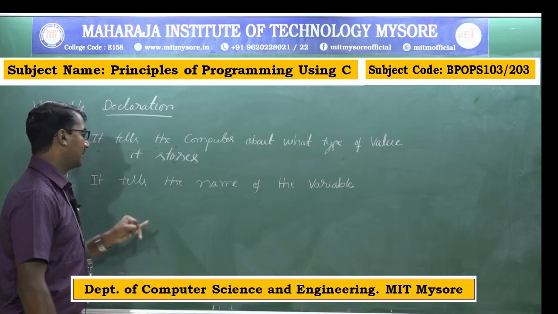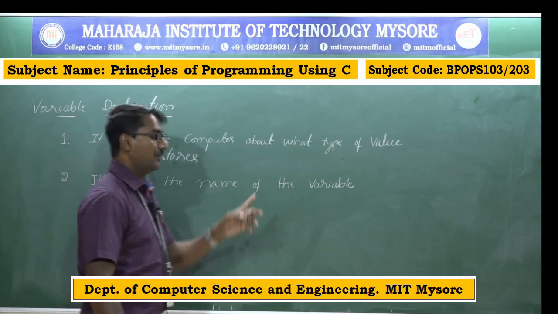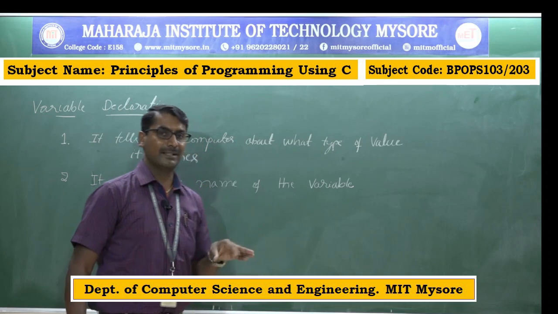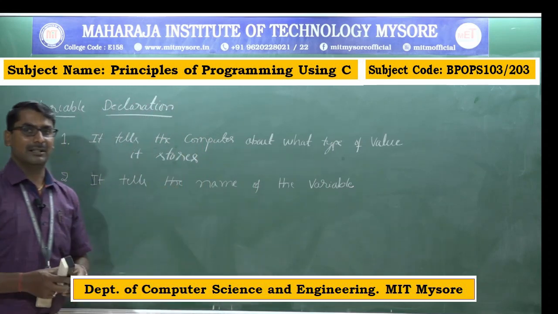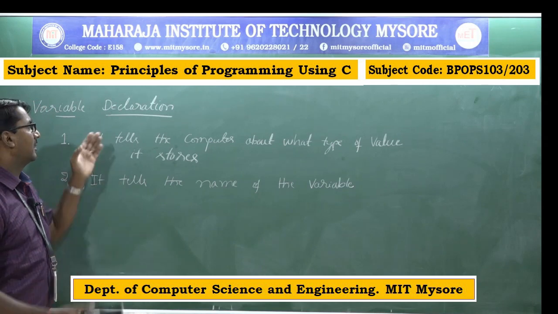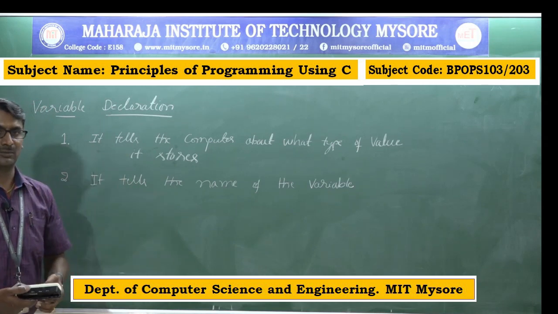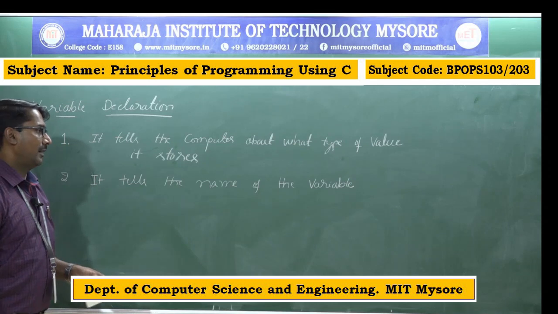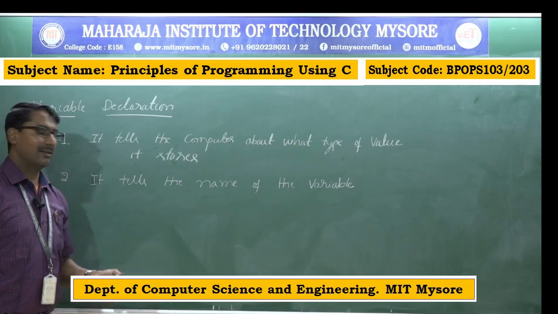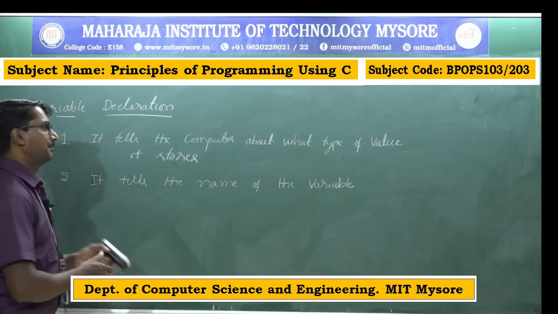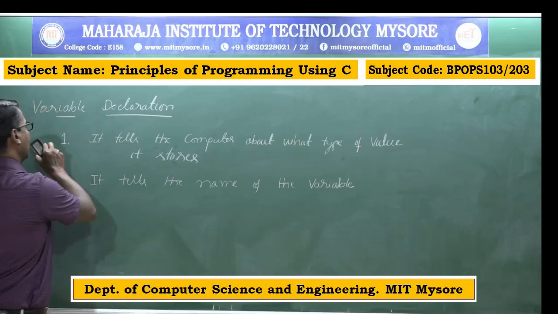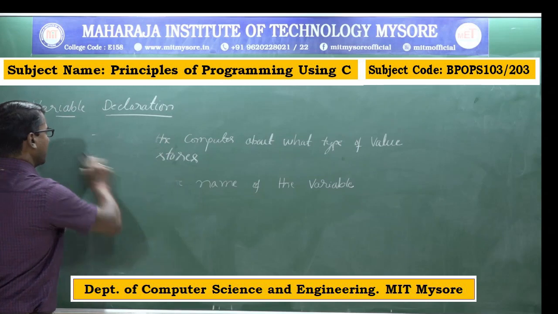The next is the name of the variable. These two things, the type and range of value and the name of the variable, are specified when declaring the variable.